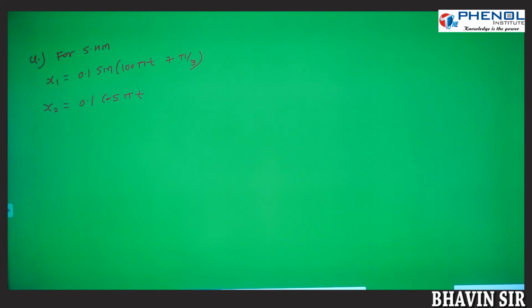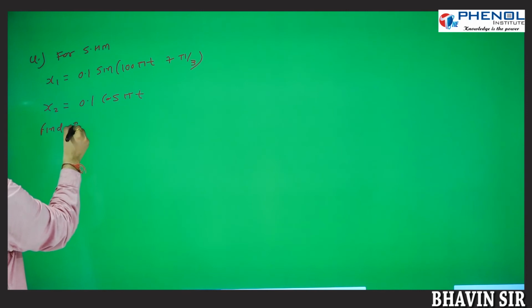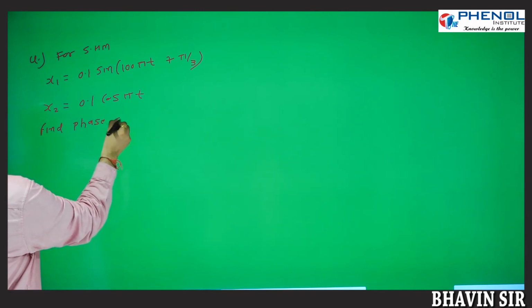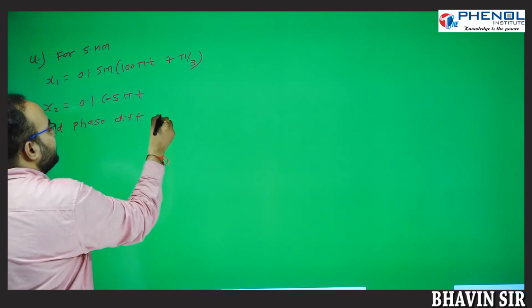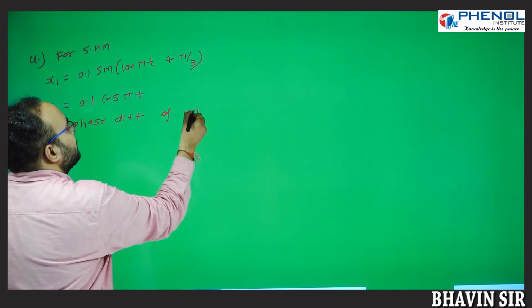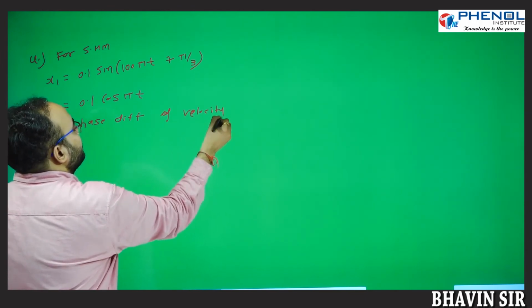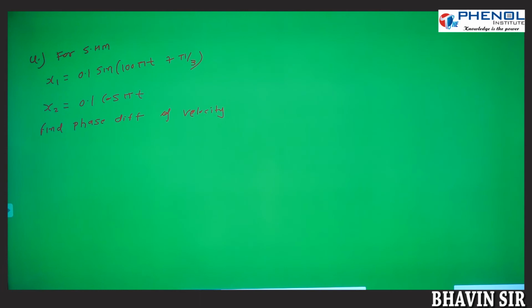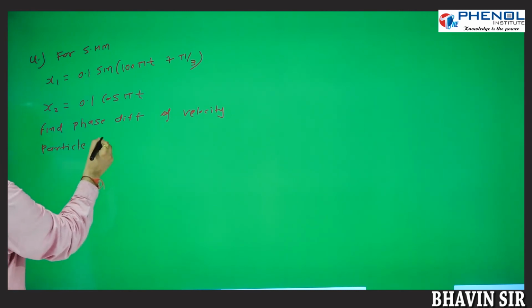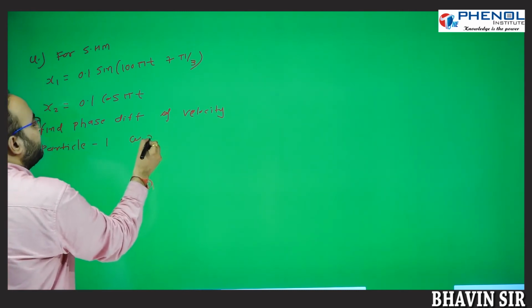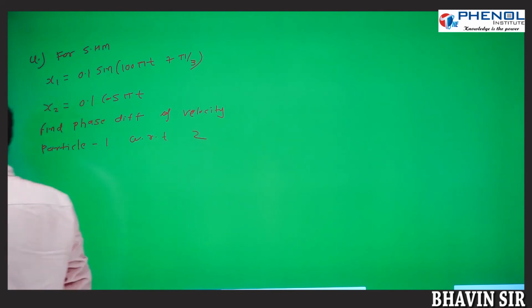So now find the phase difference of velocity of a particle 1 with respect to particle 2.